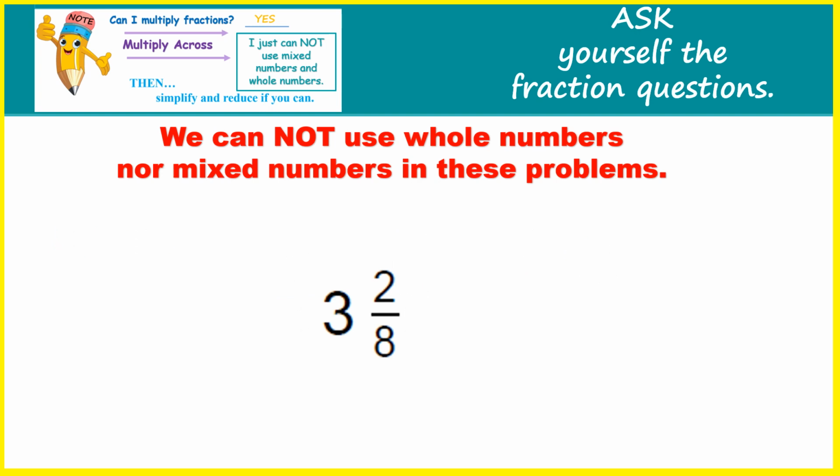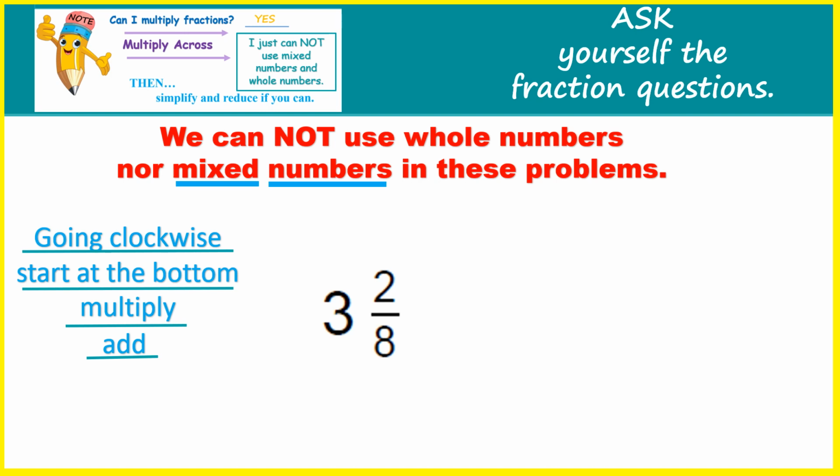And now we look at mixed numbers. Mixed numbers is when I have a whole number and a fraction together. And once again, I can't have that when I'm doing the multiplication and division of fractions. They can only be in fraction form. It may be an improper fraction, but that's okay because that's the only way I can do the math. So when we're doing it, we're going to go clockwise, the way of the clock when you look at the second hand. But we're going to start at the very bottom with the denominator.